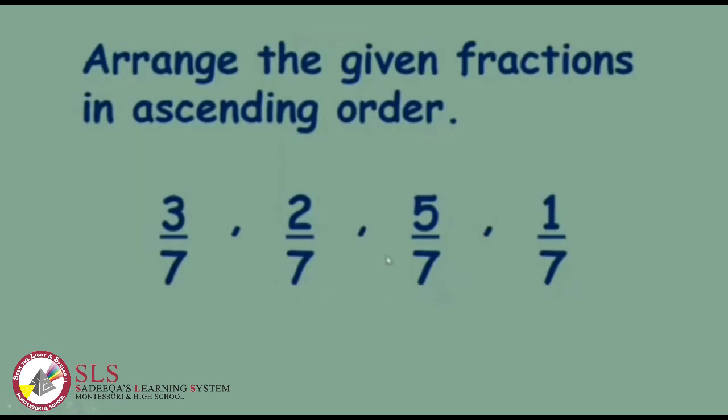So now we need to check the numerators of the fractions to arrange them in ascending order, means smallest to largest. And for that, we need to find the smallest fraction, and that will be the one with the smallest numerator among all.